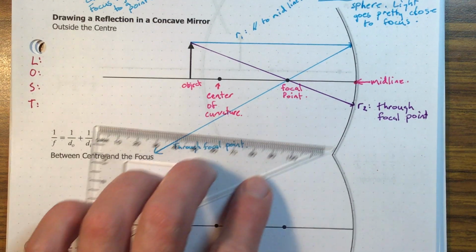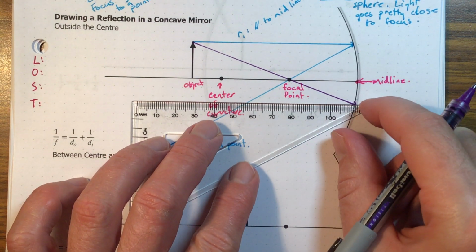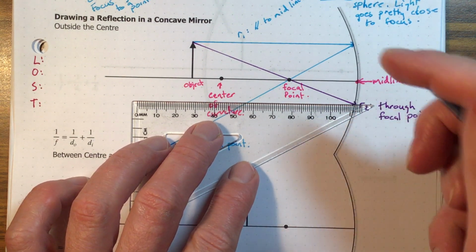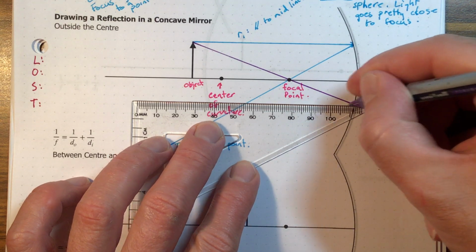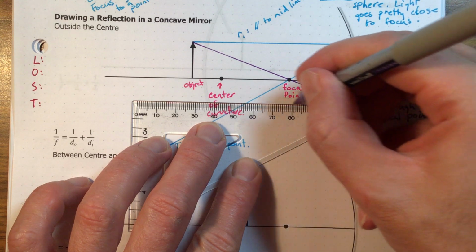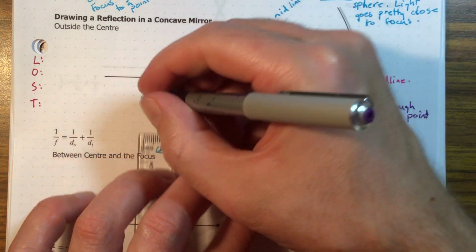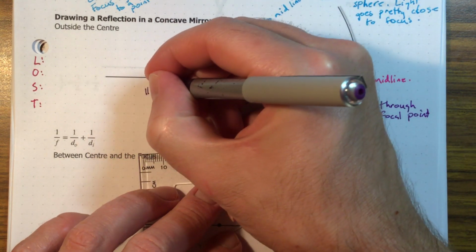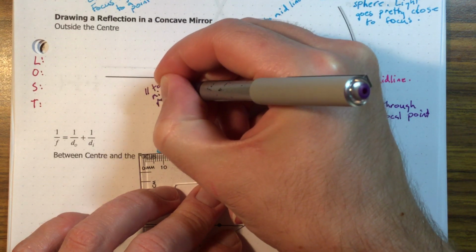Then it'll bounce back parallel to the midline. And try and be as precise as you can. Ooh, my ruler just moved there. Then parallel to midline.